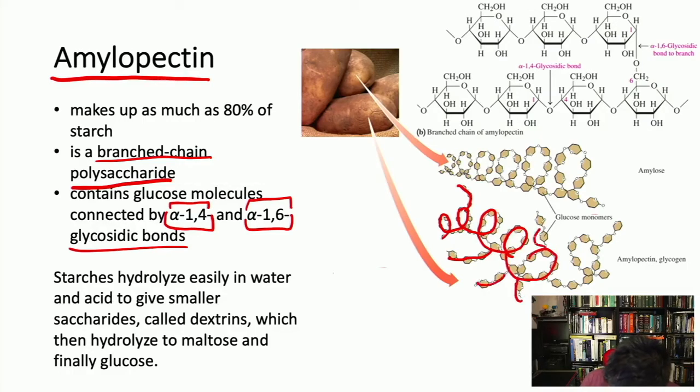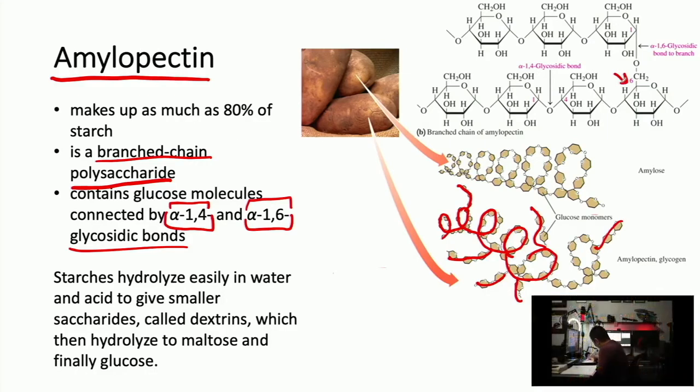And all those branches begin with an alpha-1,6 glycosidic bond, right? Why is it 1,6? Because the branch happens at the 6th carbon of the glucose molecule. And then the 1,4, again, because carbon 1 of the first glucose and carbon 4 of the second glucose. And the alpha because the oxygen is pointing down.